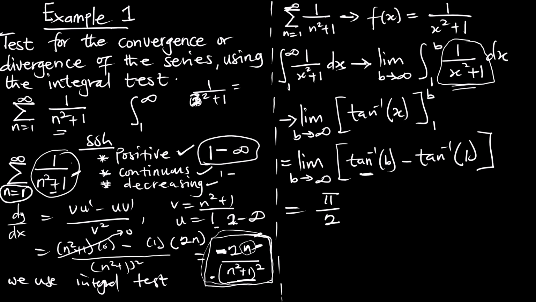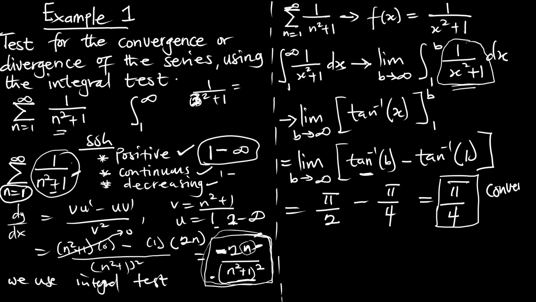Minus tan inverse of 1, which is 45 in degrees, but since we are working in radians, that is pi on 4. And when we solve pi on 2 minus pi on 4, we get pi on 4.